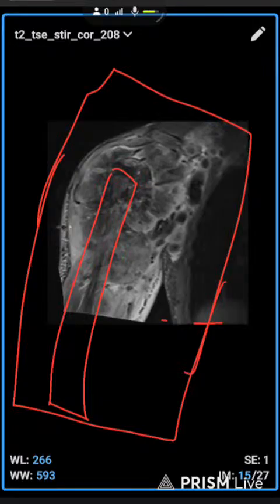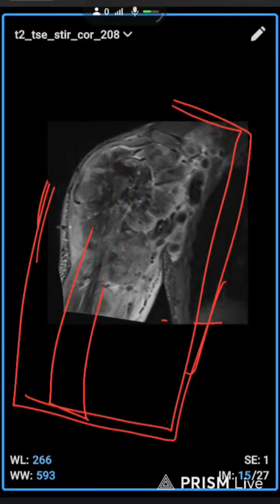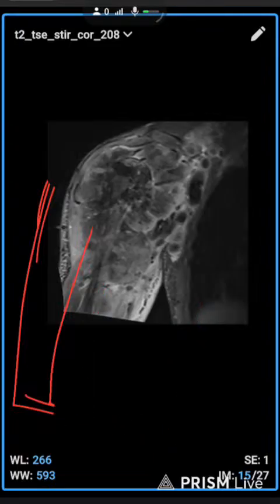So we have to shift, we have to plan with a different sequence. In MR you have to experience lots of things, so that the proper diagnosis or the proper sequence is provided for the patient.